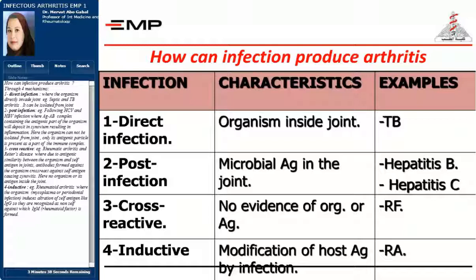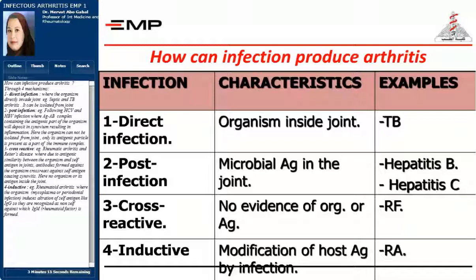The second mechanism is post-infectious. Following hepatitis C and hepatitis B infection, where antigen-antibody complex containing antigenic part of the organism will deposit in synovium, resulting in inflammation. Here, the organism cannot be isolated from the joint, only its antigenic particle is present as a part of immune complex.